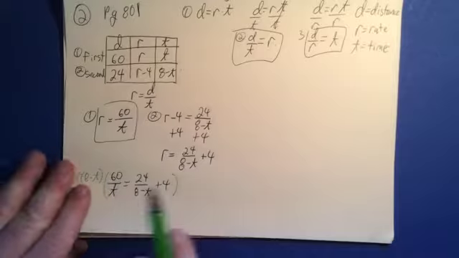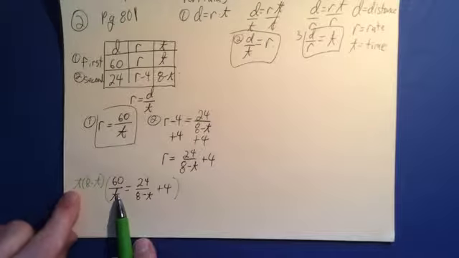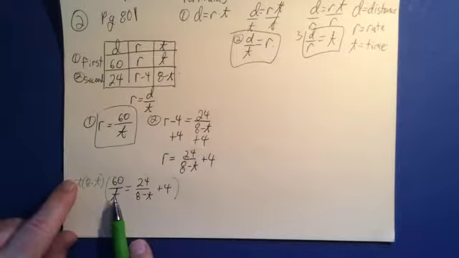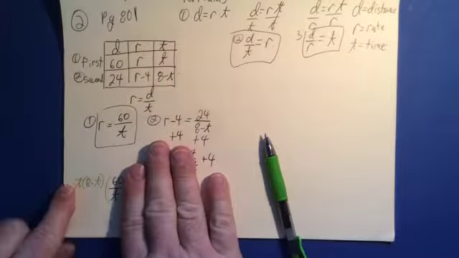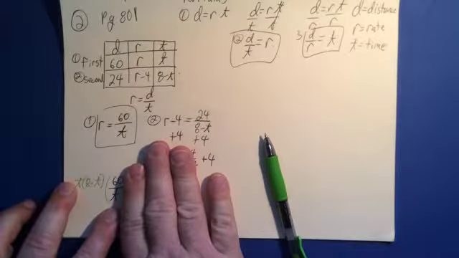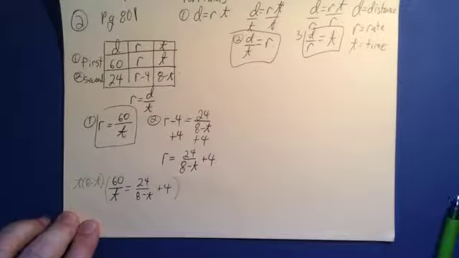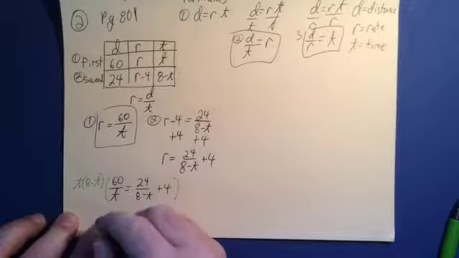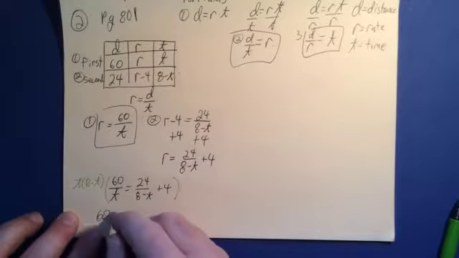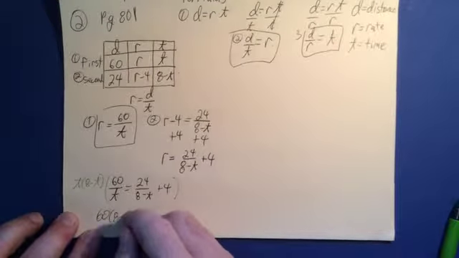When I multiply the first part through, the t's are going to reduce, so all I'm going to do is multiply 60 times 8 minus t.